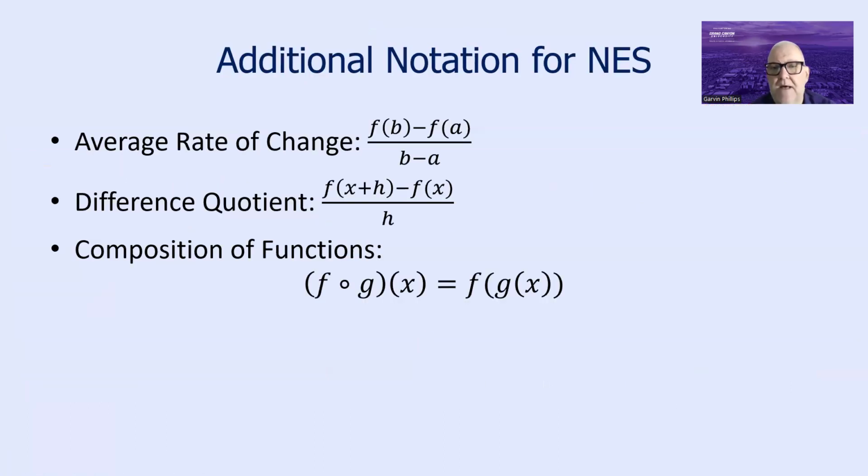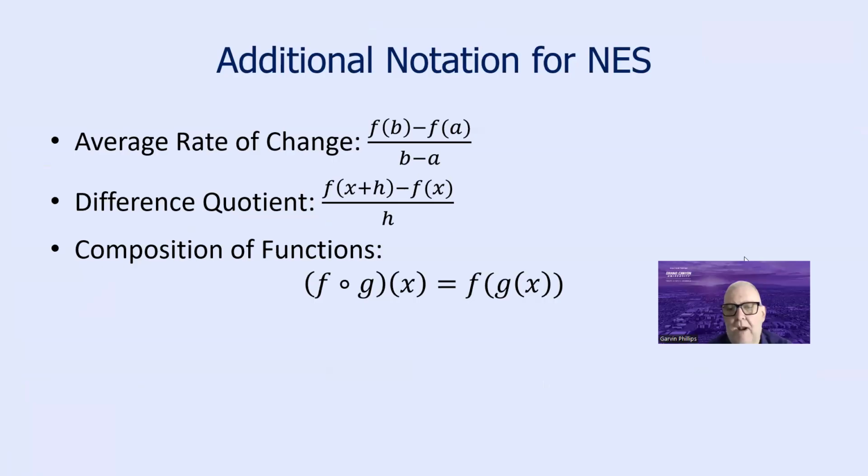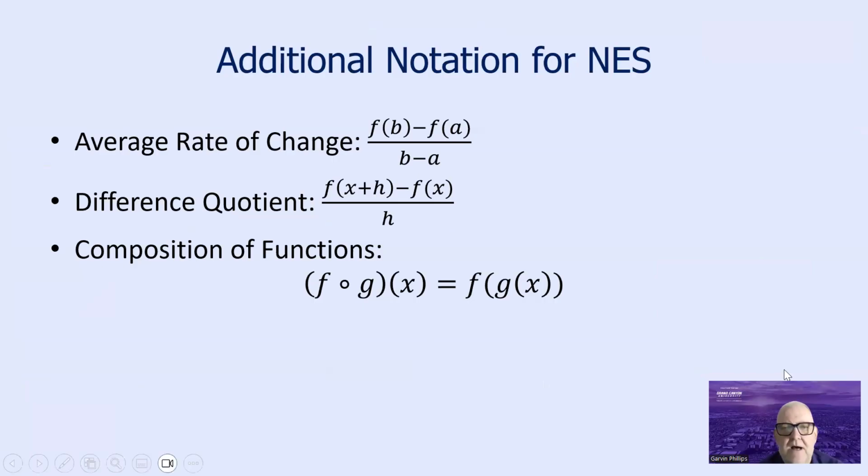Some notes about the NES. This is an average rate of change: the change of my y over the change of my x's. That is an average rate of change.